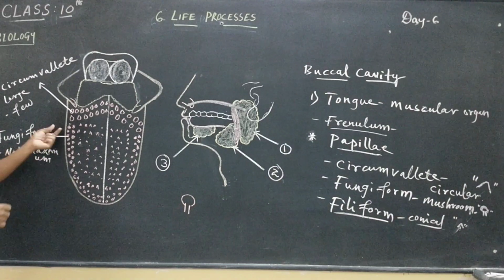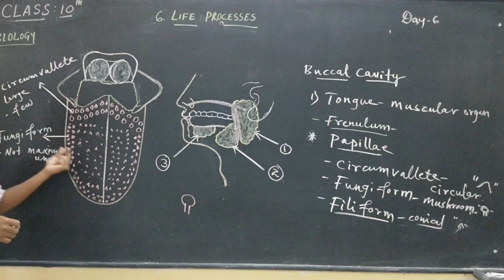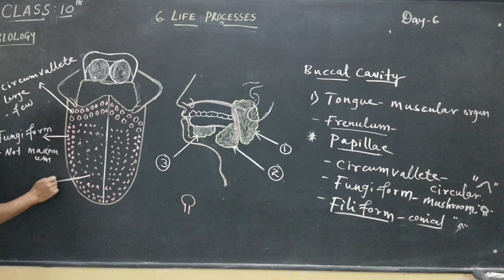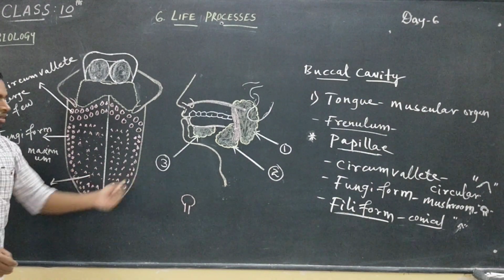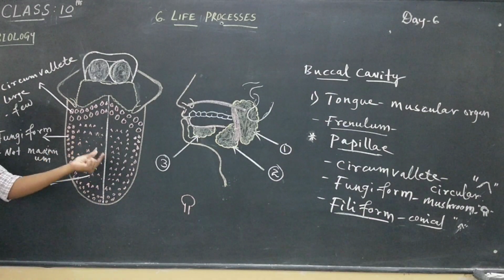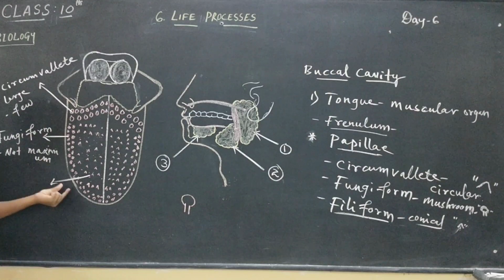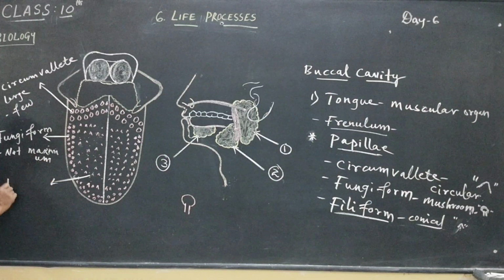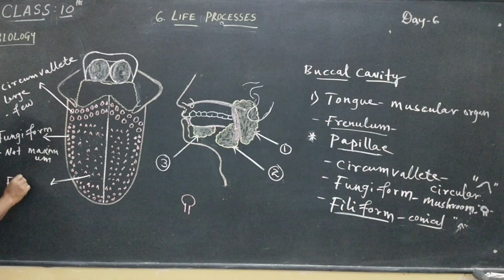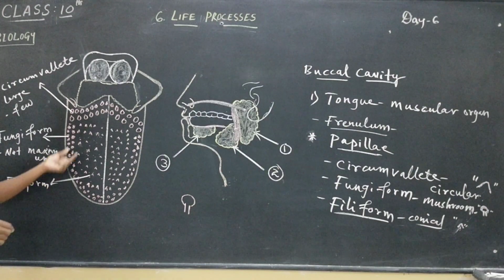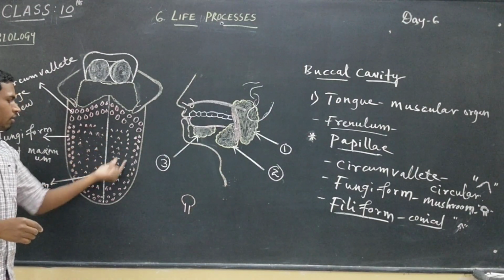And next is filiform. They are numerous, present in maximum. Their numbers are maximum, so filiform take most of the area of our tongue.